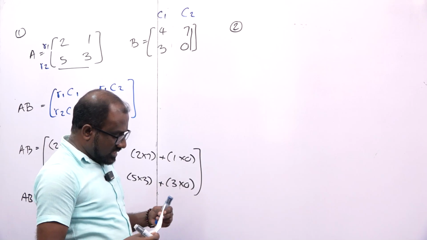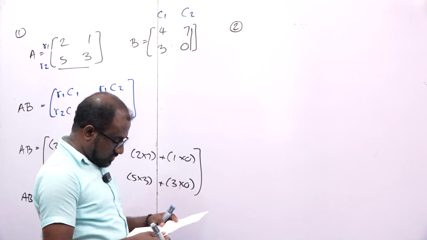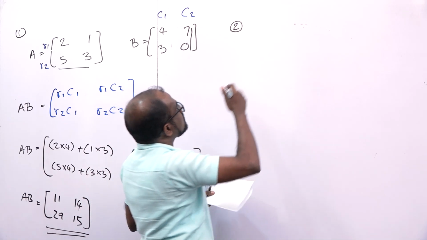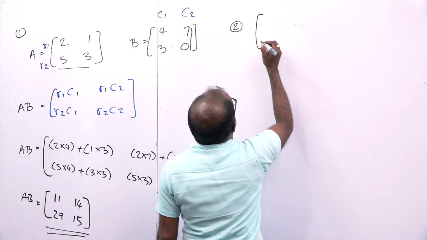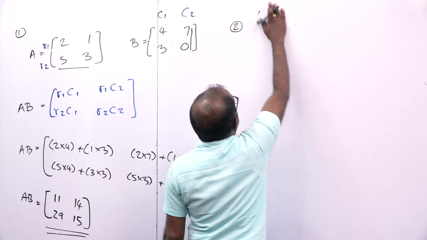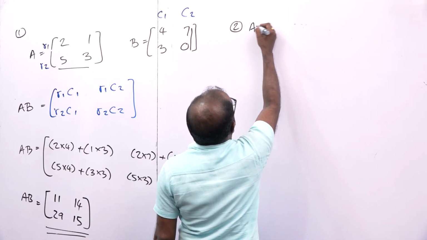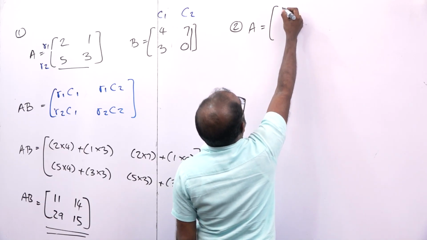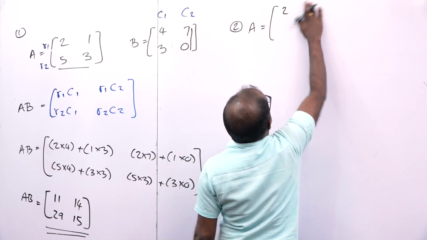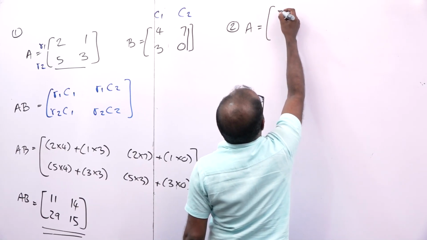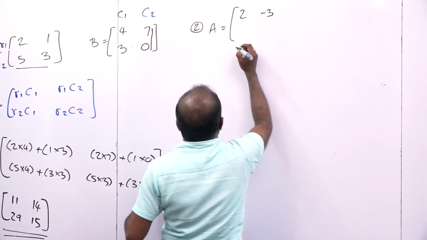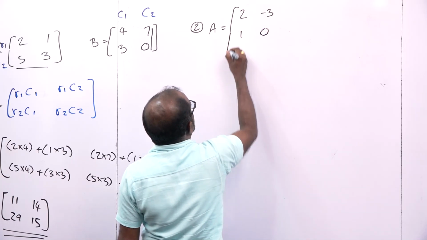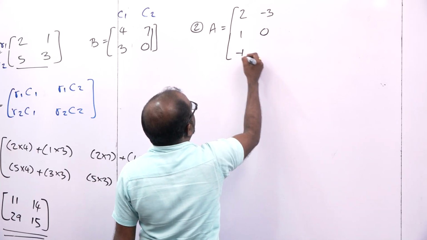Right. So in the second example, I will give a matrix like this. Matrix A: 2, minus 3; 1, 0; minus 1, 3.